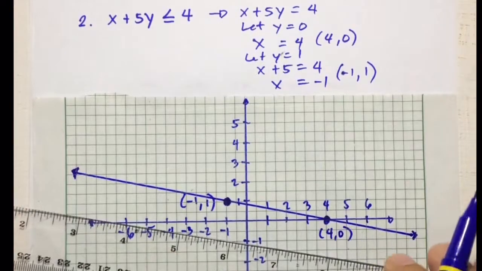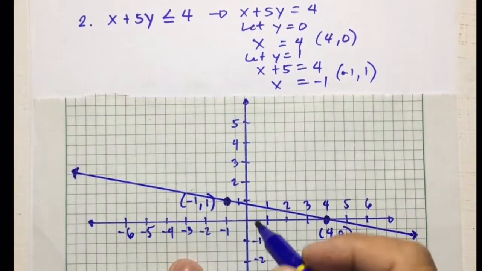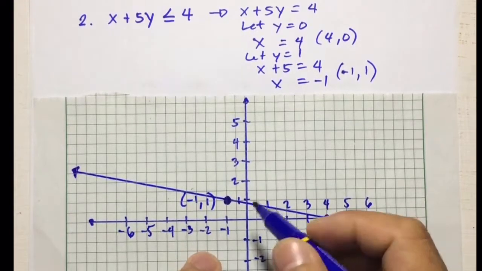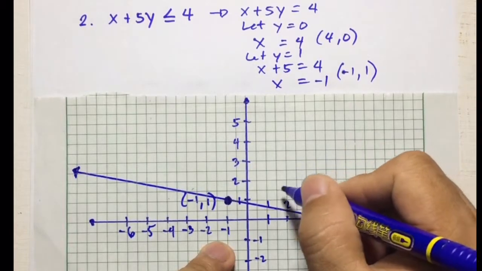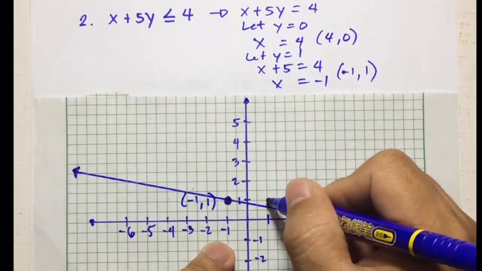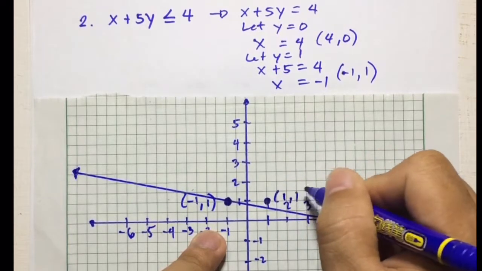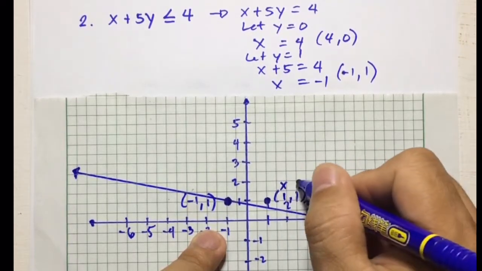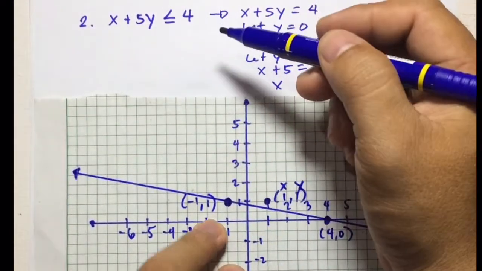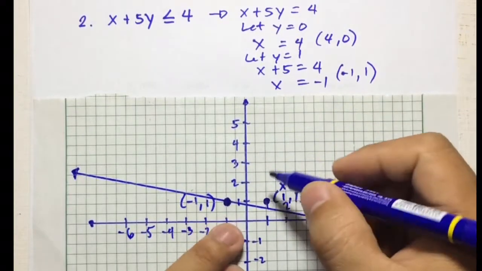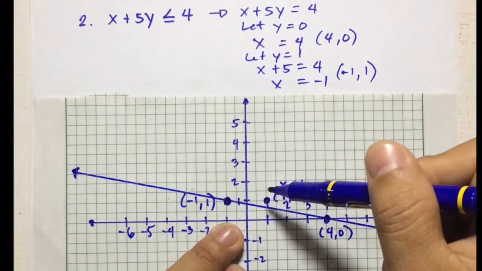Then the next thing to do is select one point that is not found on the line. For example, let's try the point (1, 1). X is 1, Y is 1. So we're going to substitute this into the inequality. If this makes the inequality true, then this point is part of the solution.